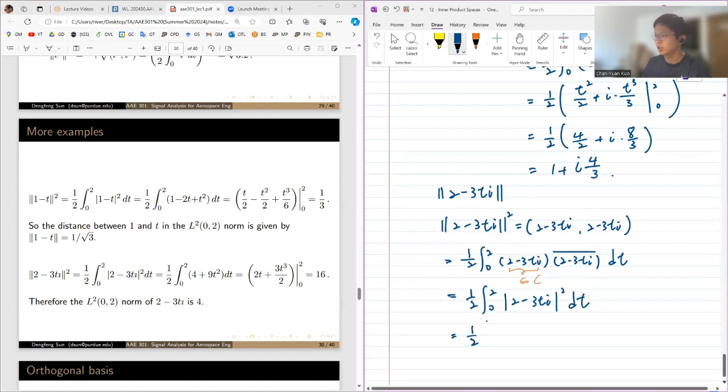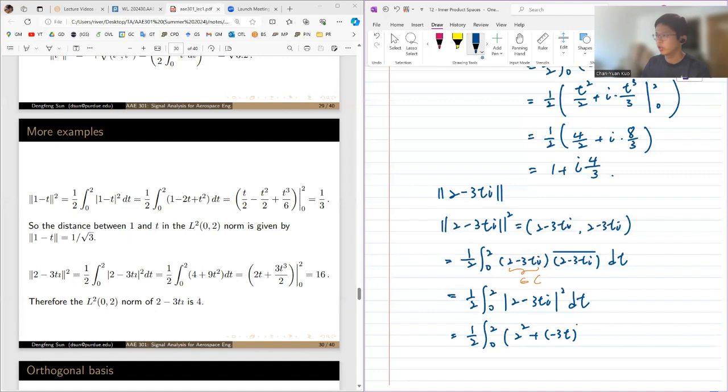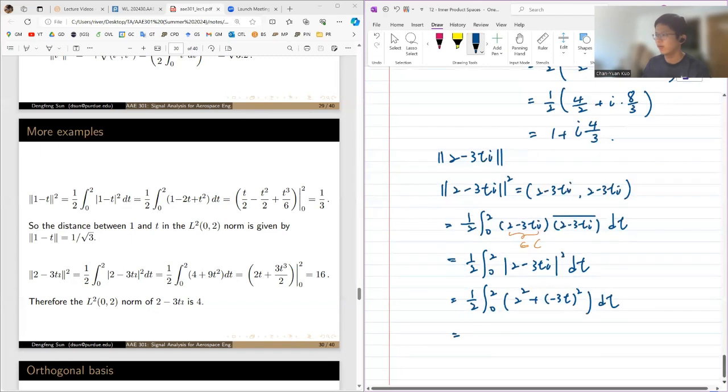And this will be, oops, I should write it like this. It should be 2 squared plus (-3t) squared dt. So here we would have 1/2, 0 to 2, of 4 plus 9t squared dt.